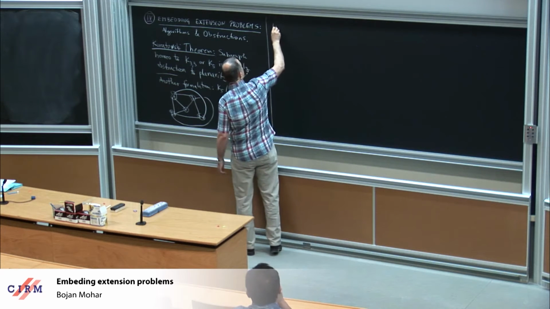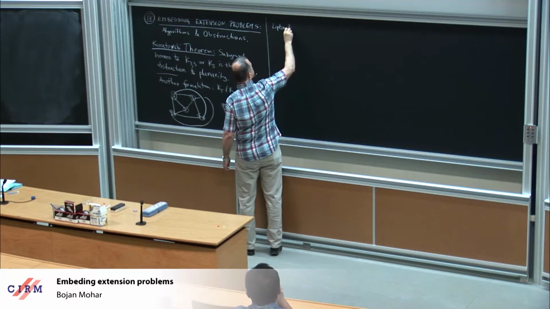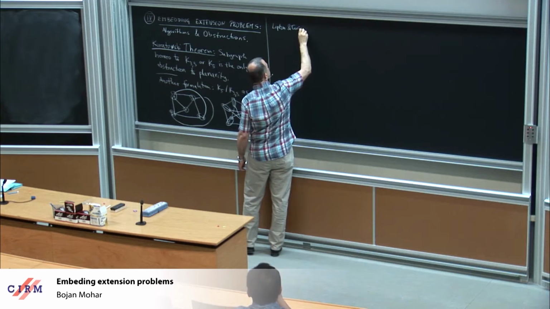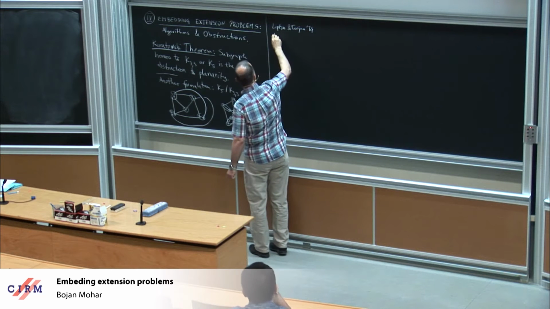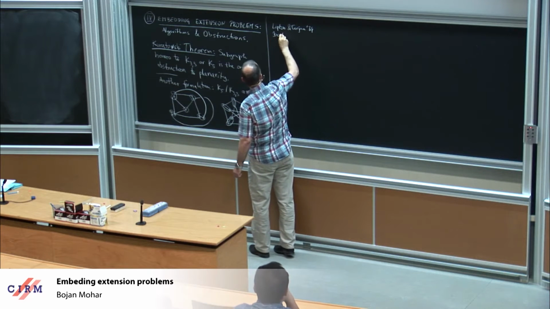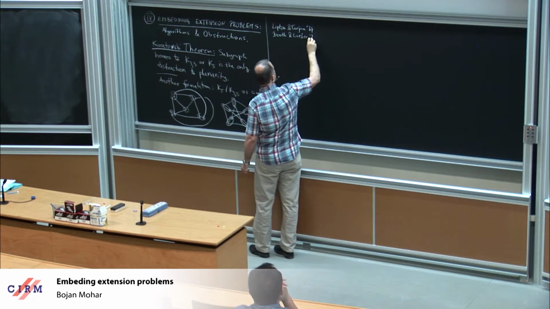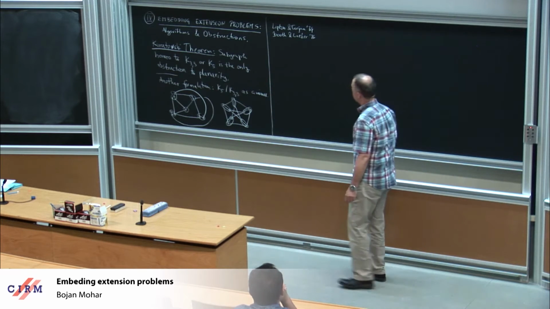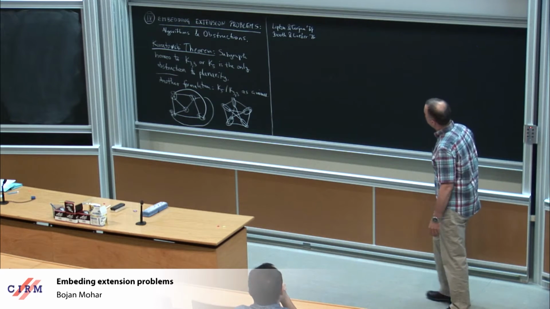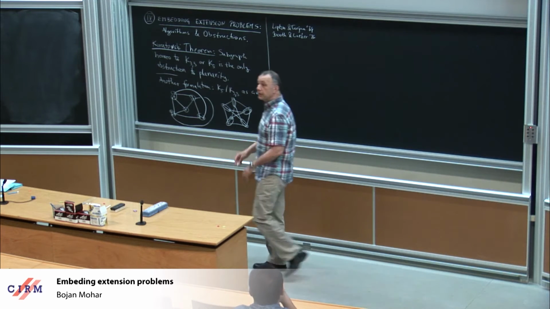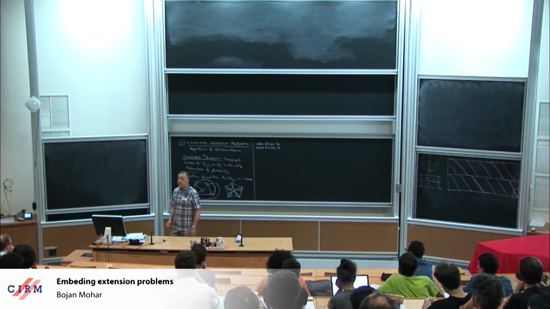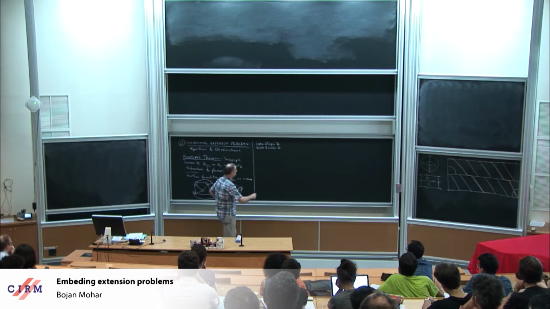So Lipton and Tarjan in '74, and more or less at the same time, Booth and Lueker. Their paper appeared a little bit later, but it was more or less a concurrent discovery. They found two different algorithms that answer in linear time.